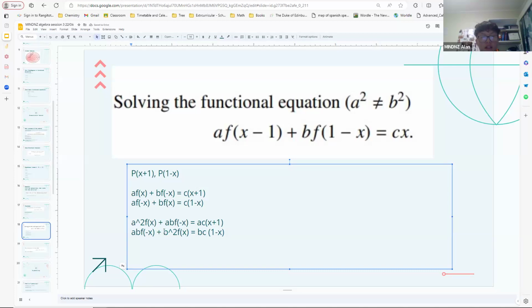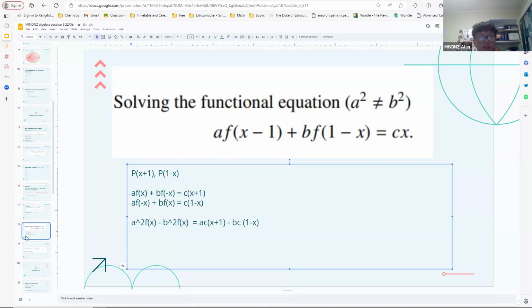So now if we cancel these out by this equation minus this equation, we have a squared minus b squared times f of x equals ac times x plus 1 minus bc times 1 minus x, right? And then I'll leave the rest to you guys.